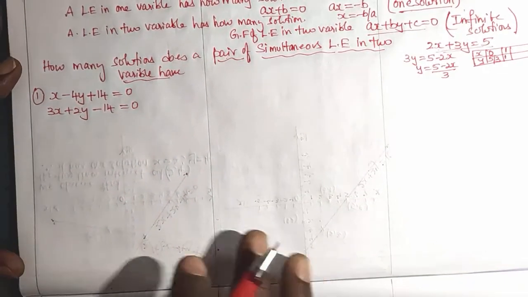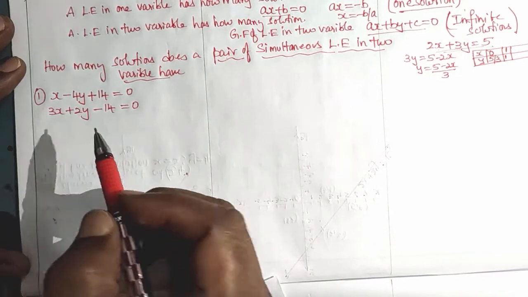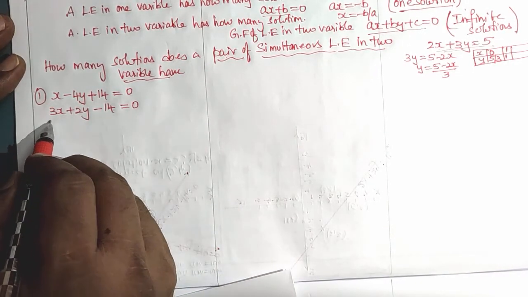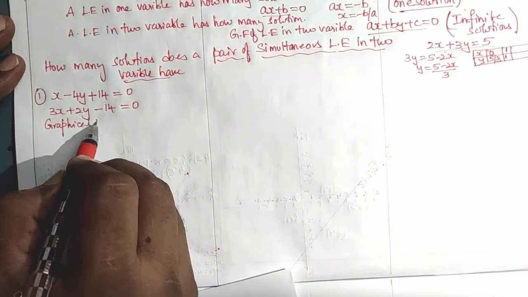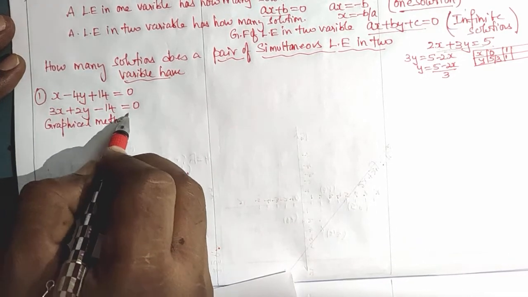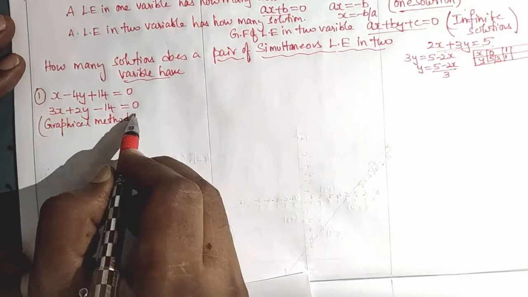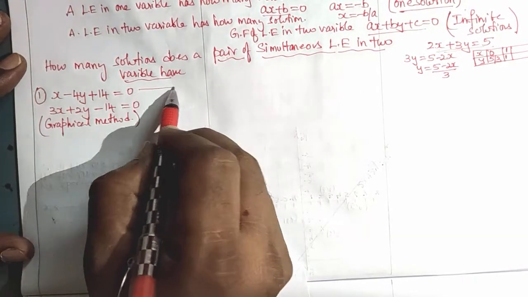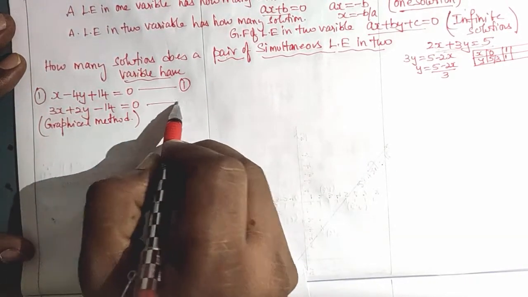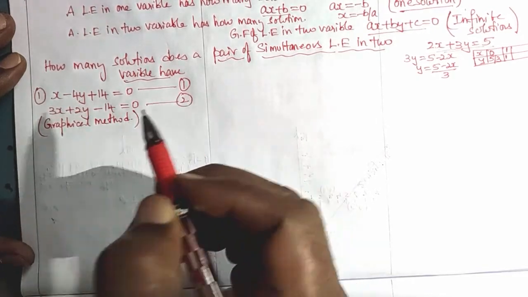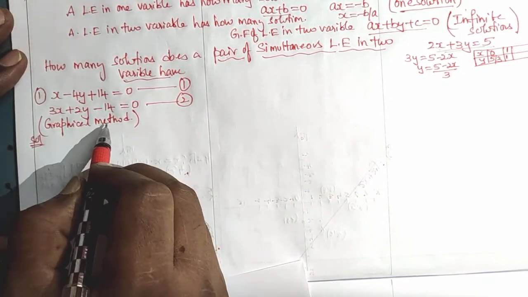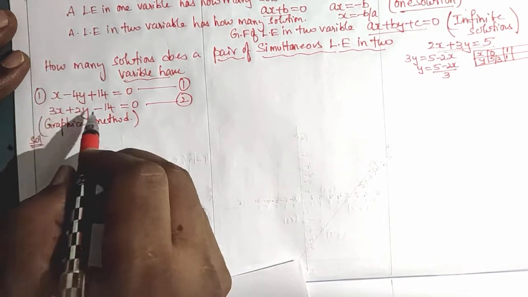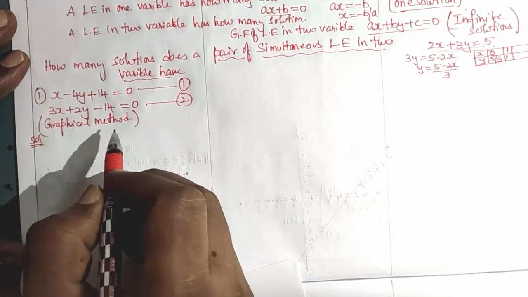Now, I will find the solution for these equations by the graphical method. I will name the first equation as 1 and the second equation as 2.